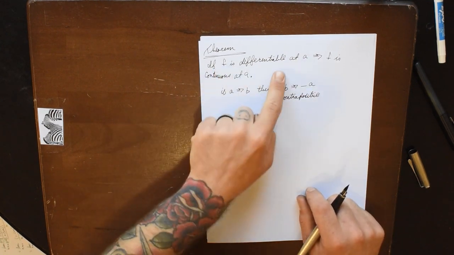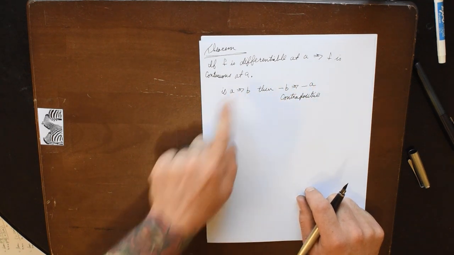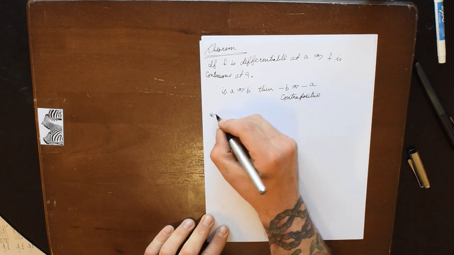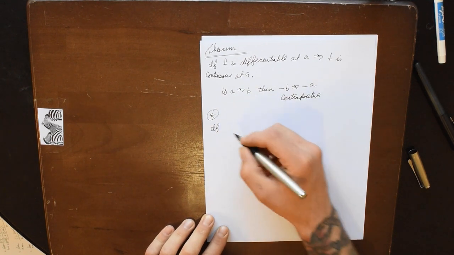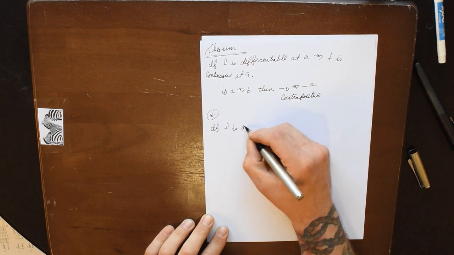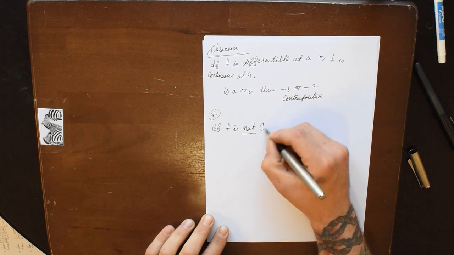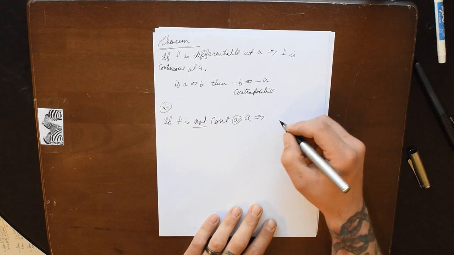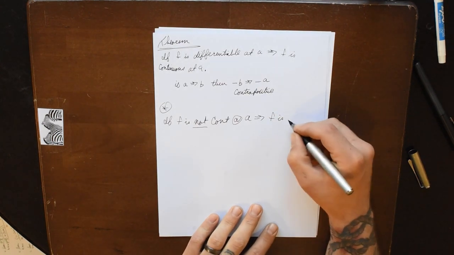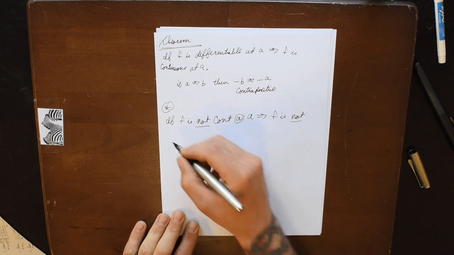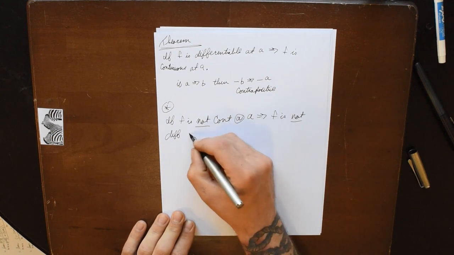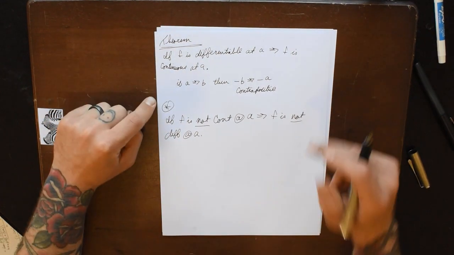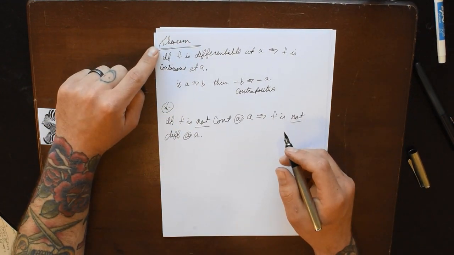So, if f is differentiable at A, then f is continuous at A. The contrapositive says, if f is not continuous at A, then f is not differentiable at A. So this is our theorem. This is our contrapositive to the theorem.